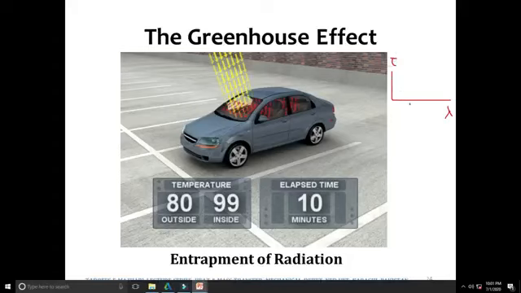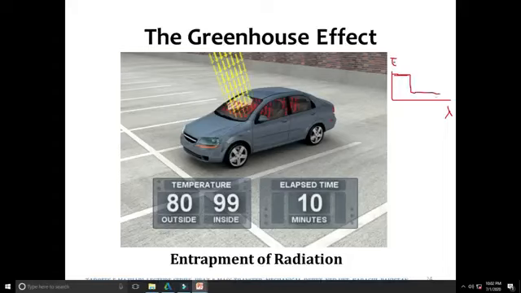For shorter wavelength radiation, the glass is highly transparent, means it is highly transmissive. It is letting all the shorter wavelength pass through it. But for longer wavelength radiation, the glass becomes opaque, so its transmissivity is very low.